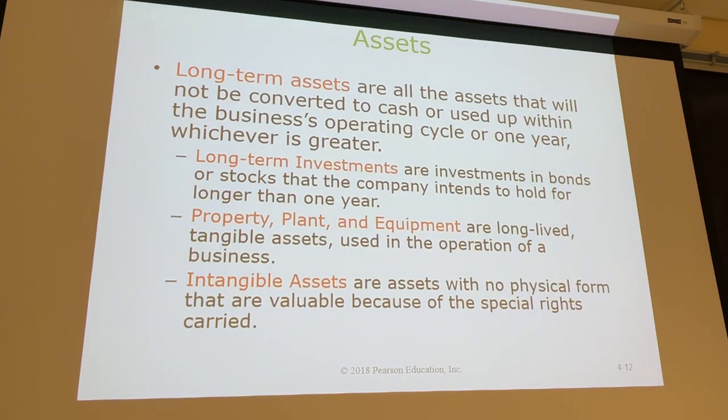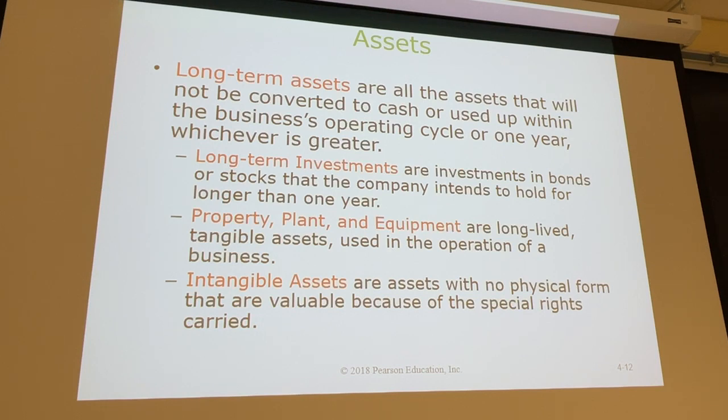Okay, then on the balance sheet we will also show long-term assets. And there can be 3 separate categories of long-term assets. In many of the examples given in the textbook, they will only have one category of long-term assets, and that would be property, plant, and equipment.